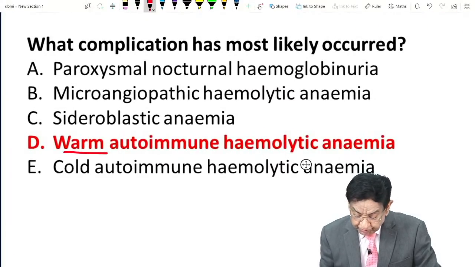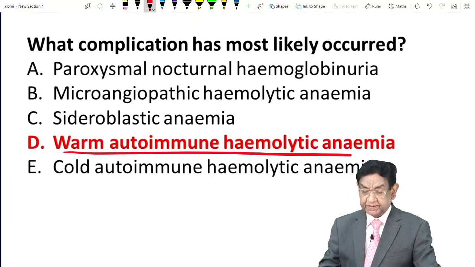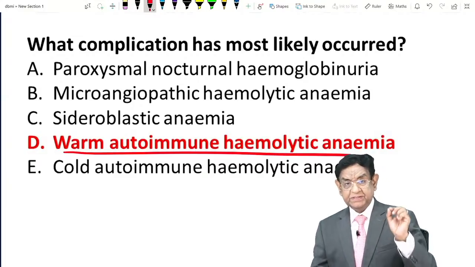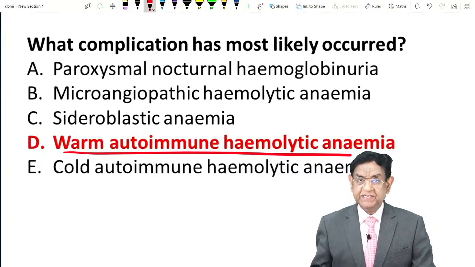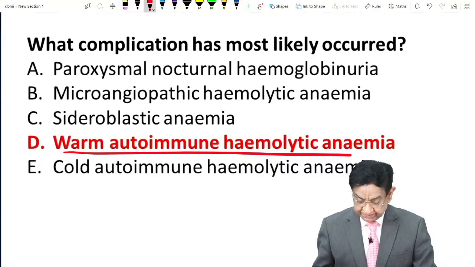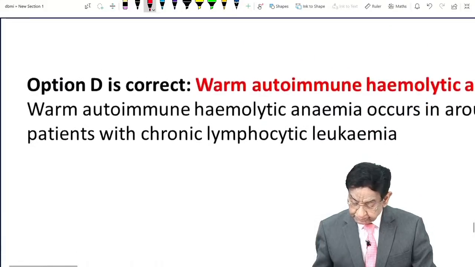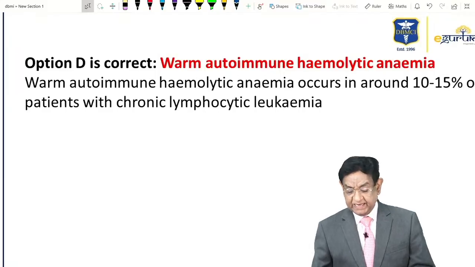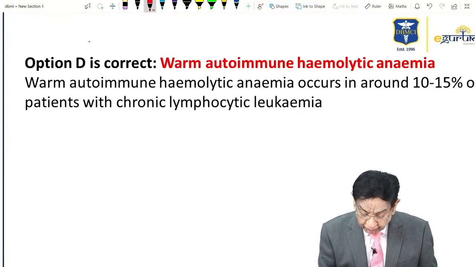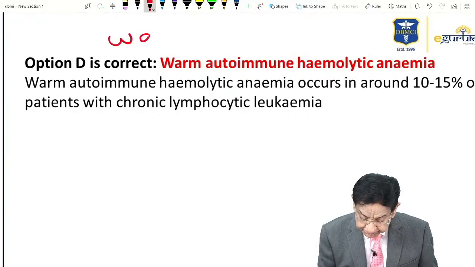Warm autoimmune hemolytic anemia. This is a universal question asked in all the exams. This needs discussion. We'll spend time. Well, in due course of time in CLL, warm autoantibodies are produced.